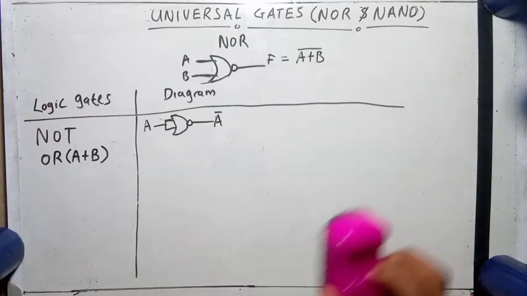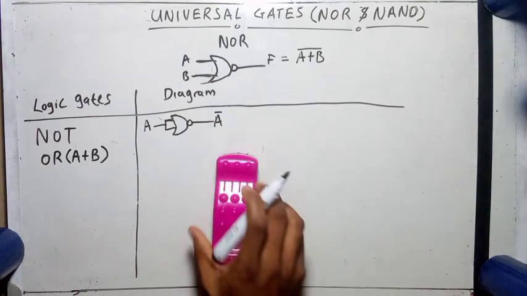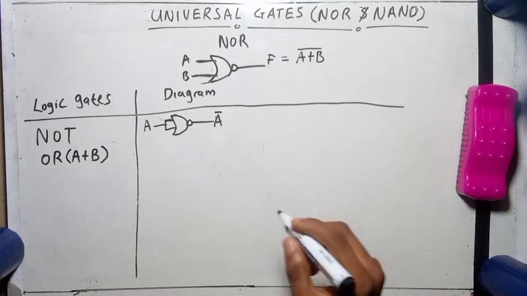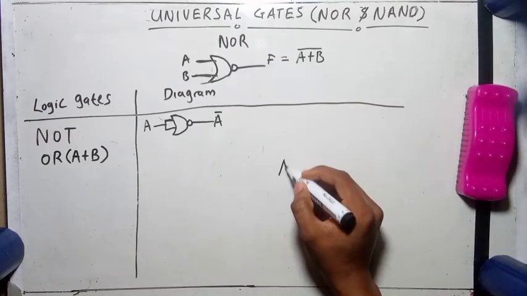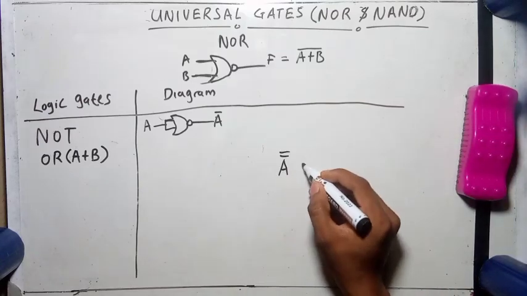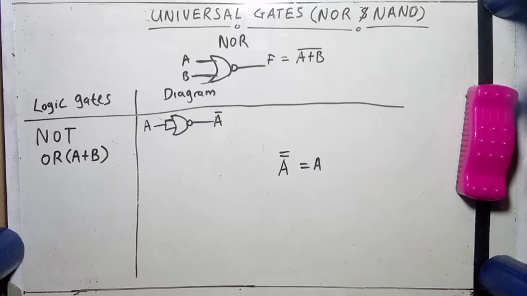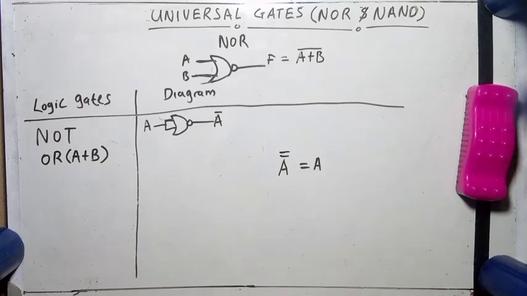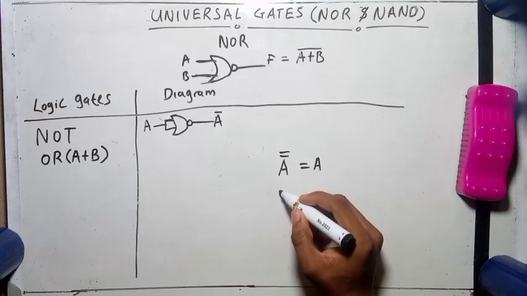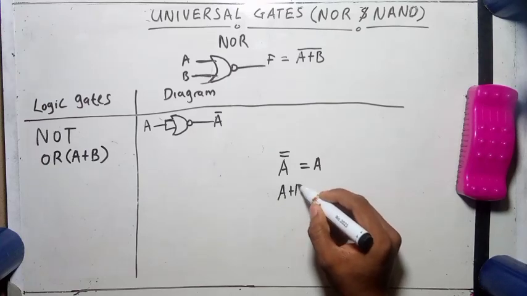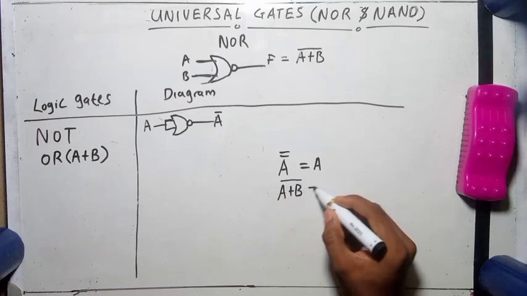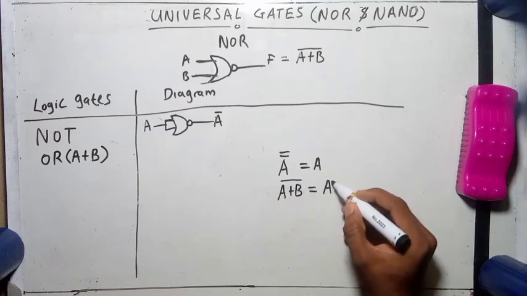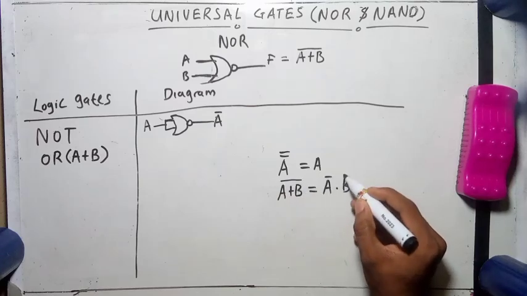Now, before I go further, I would like us to know this. I'm sure by now we're supposed to be familiar with this: A double bar is equivalent to A. I hope you know this, because we are going to be making use of it. Another thing we're going to use is De Morgan's rule: (A plus B) bar is equivalent to A bar dot B bar.